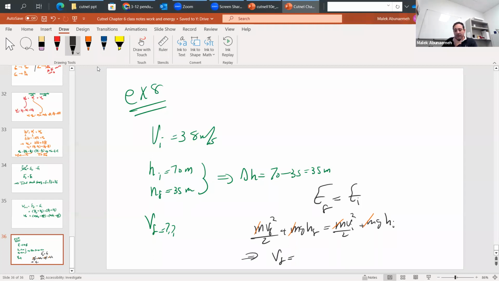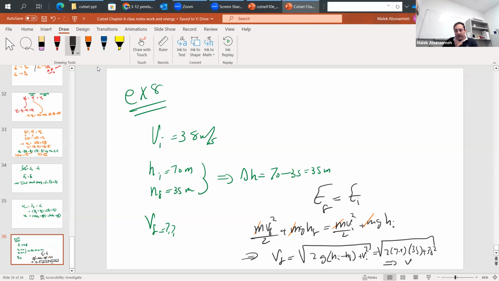And then solving for your final velocity, this is going to equal the square root of, so this is going to move over here, 2 times g times the difference HI minus HF plus VI squared, which in this case is going to be the square root of 2 times 9.8 times our 35 that we found, plus your 38 squared.